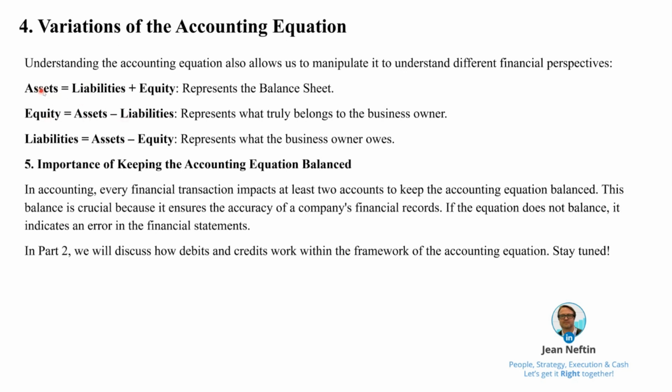The original one I showed you is assets equal liabilities plus equity. However, equity also means assets minus liabilities. Or, if you want to figure out a company's liabilities, you take assets and deduct equity. You can do different manipulations, but it's important right now to understand how it all works.